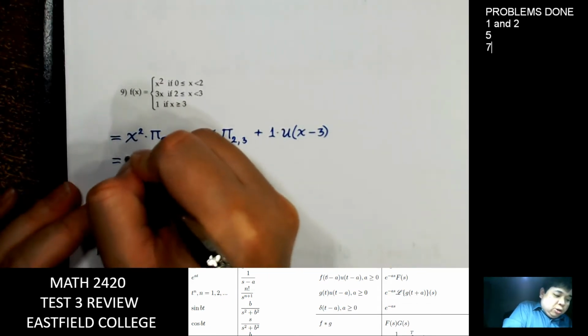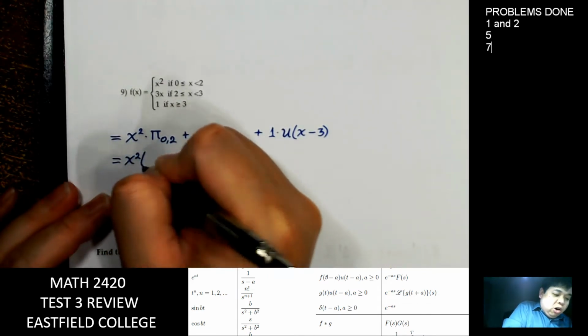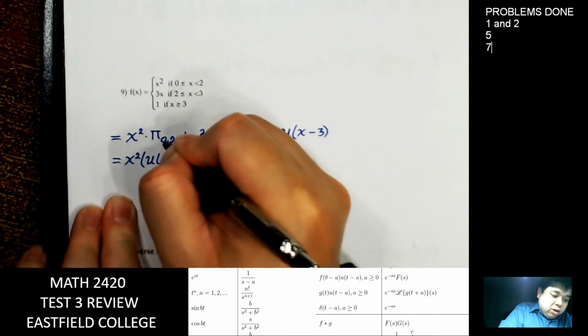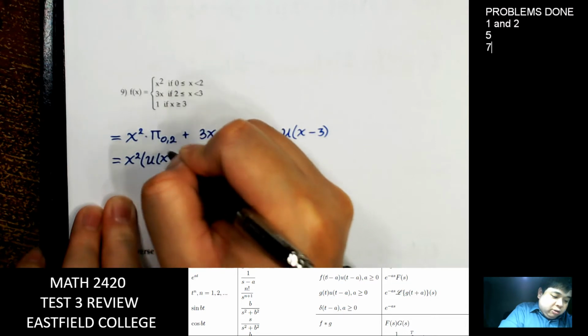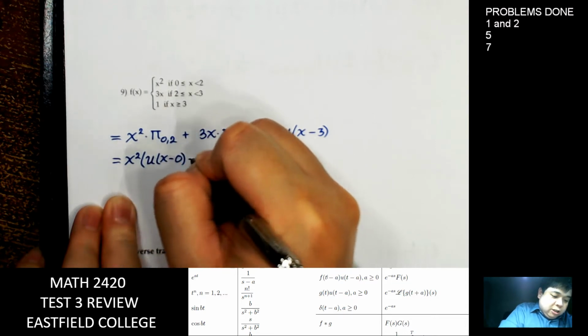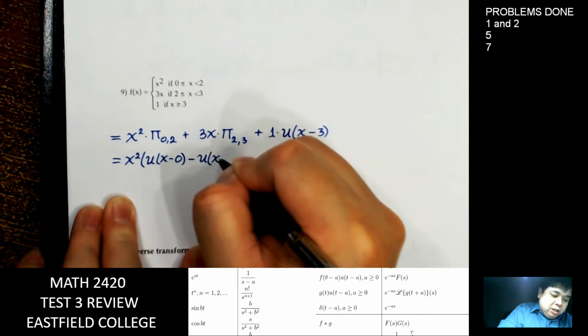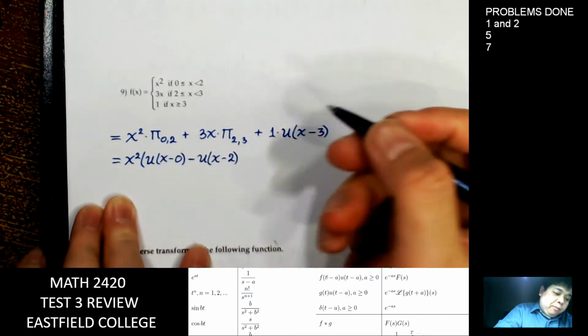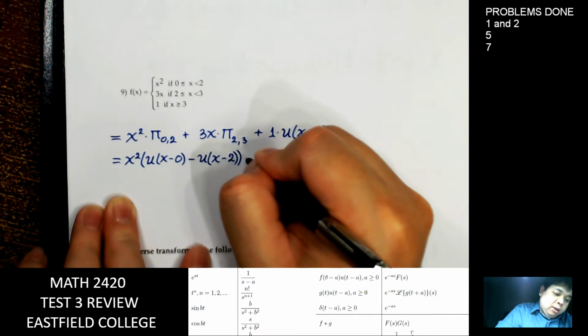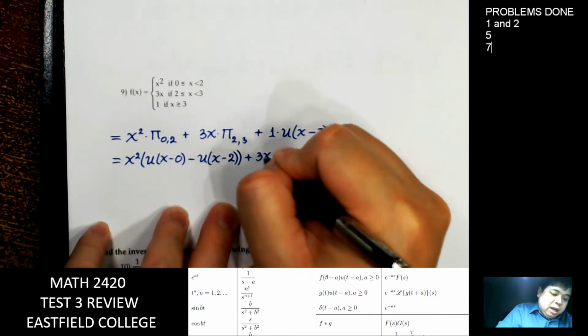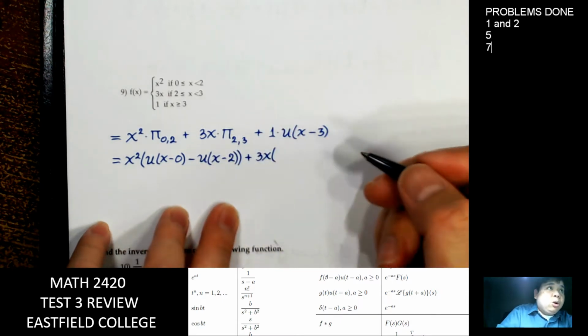Right, so I have x squared. The window function is simple. It's just the unit step function of x minus the first one, and then another one, x minus the next value, and then the same thing for the other window.